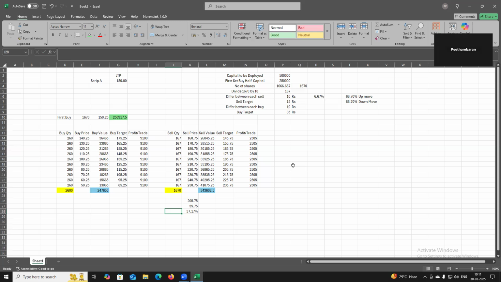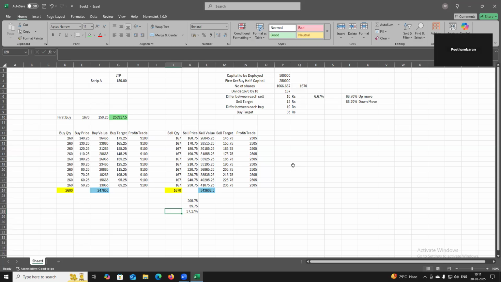But this return is also very good if you compare the risk that you are going to take in trading other stocks which are highly volatile and have every probability of going down also. So preferably select Nifty 50 stocks and trade in this manner in one stock to generate an income of 15 to 20% per annum if the market is not volatile, and about 20% if the market is volatile.